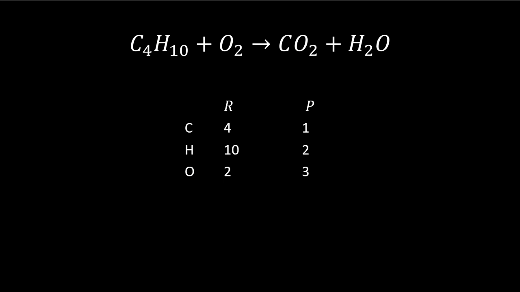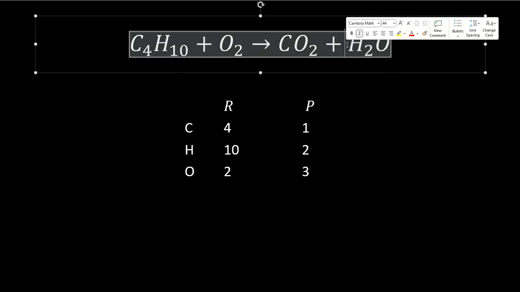So to balance that, we could put a coefficient of 5 in front of H2O. However, that would give us an odd number of oxygen. So instead of putting a coefficient of 5 in front of H2O, let's put the next coefficient that lets us have a multiple of 10. Well, the next multiple would be a coefficient of 10, actually.